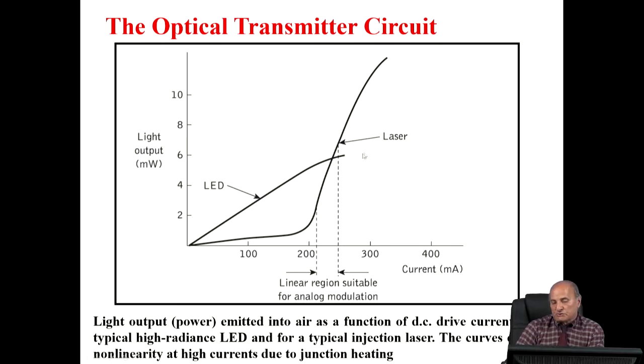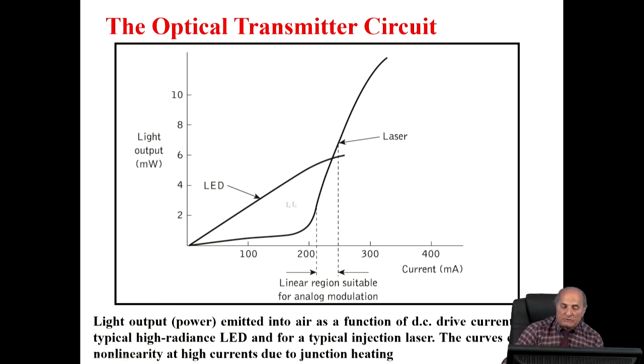If we use a laser source, we have a threshold. After the threshold, the light varies quickly with input current. Below threshold, the laser is almost off. If we use the laser for analog modulation, we must choose a linear part of the power current characteristic above the threshold. This is a very important point.